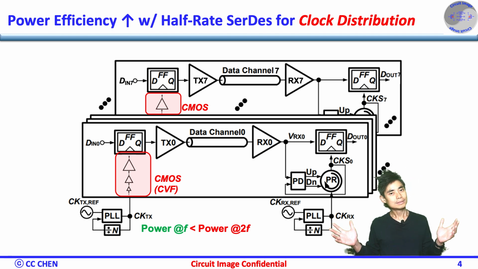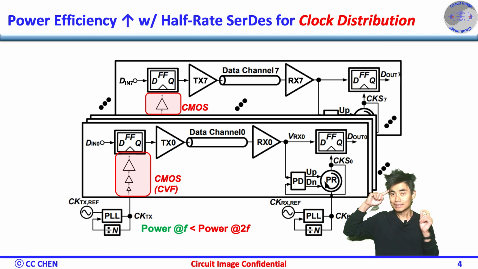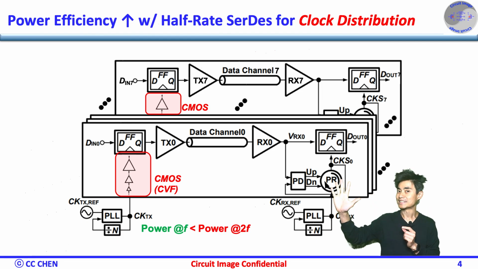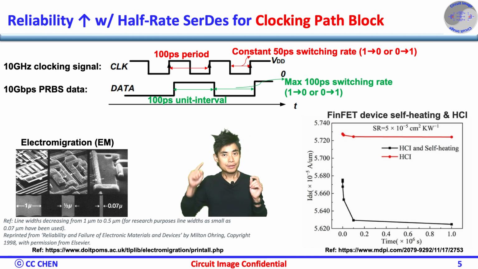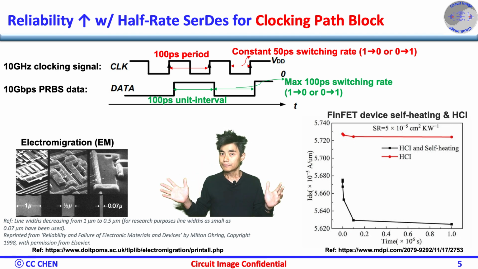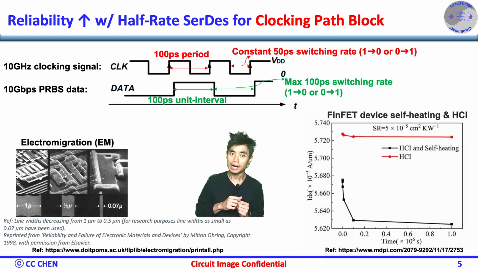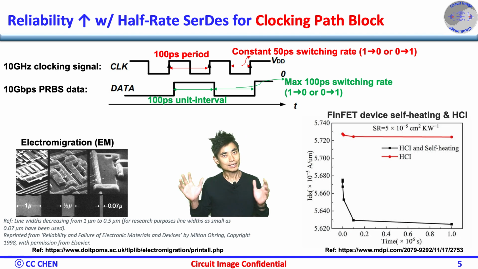What's more, think about the current or switching activity for 5 seconds. Yes, reliability. Think about the difference between the 10 gigabit per second PRBS data and 10 GHz clocking signal. Correct.